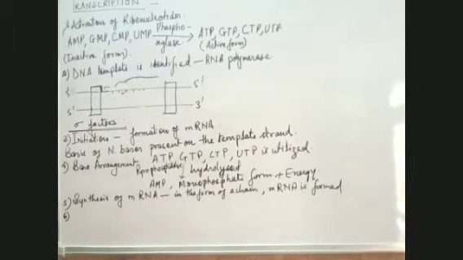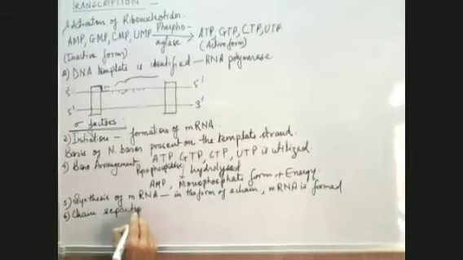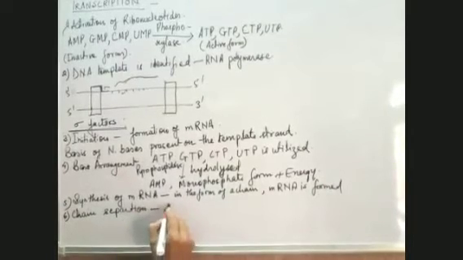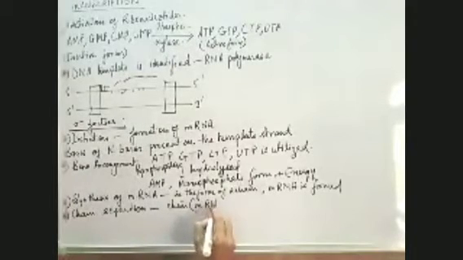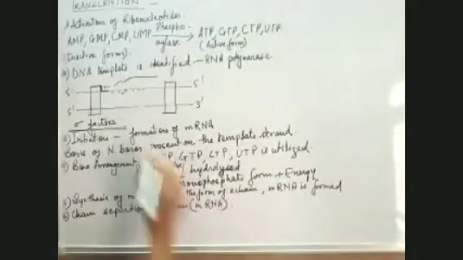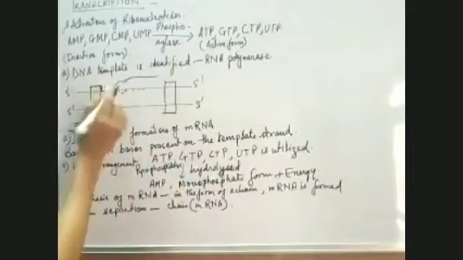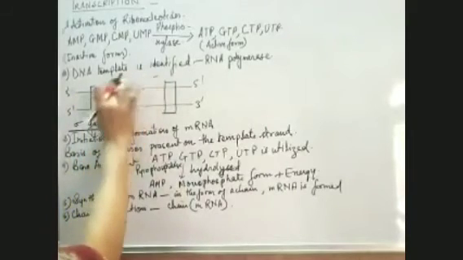The next step which takes place here is chain separation. Here the word chain is used for messenger RNA. That means the messenger RNA which is formed here keeps on forming. See what will happen from here.